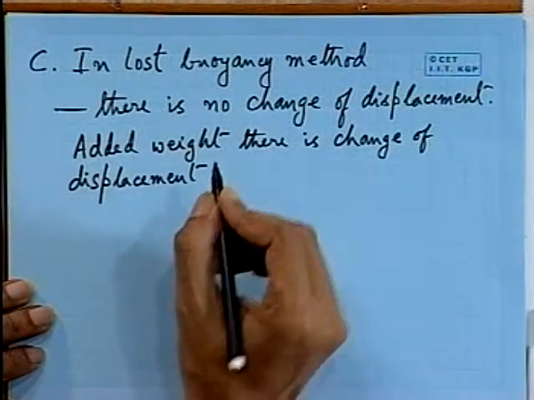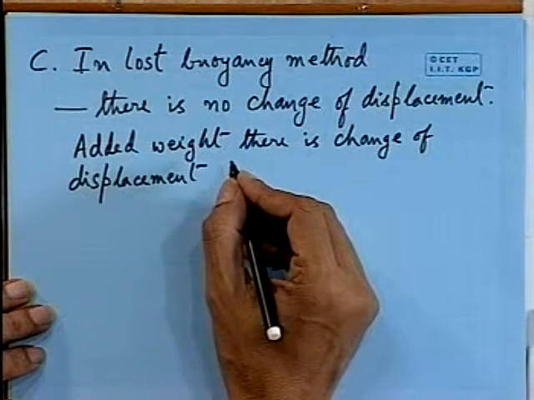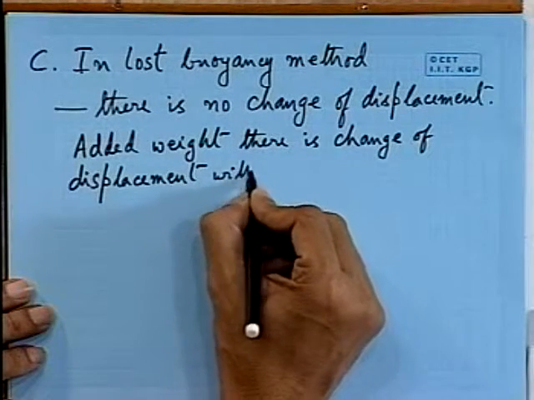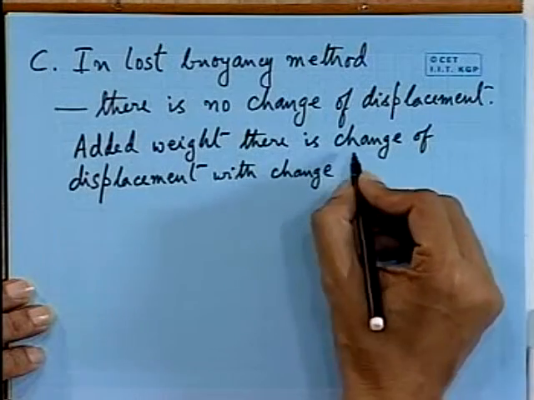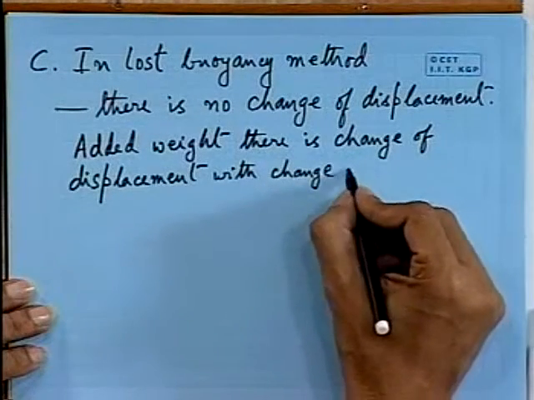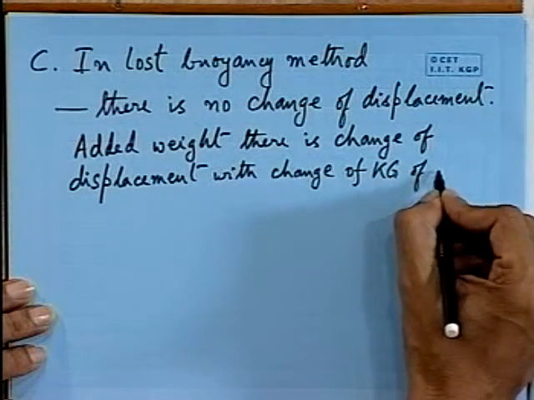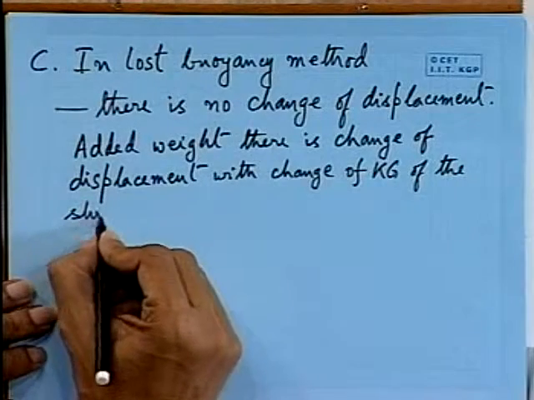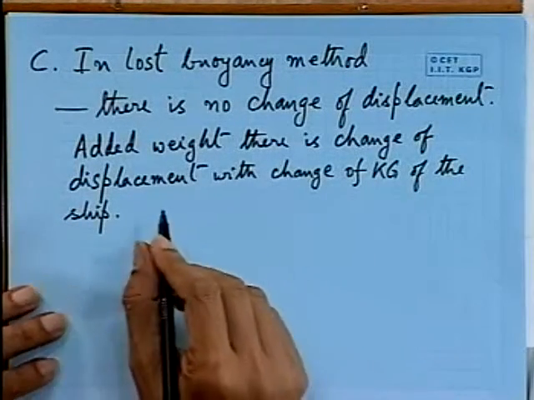And as a result of this change of displacement, you have a change in draft, and a change in CG of the ship, that is, a change of KG of the ship. So this is the important point which one should remember.